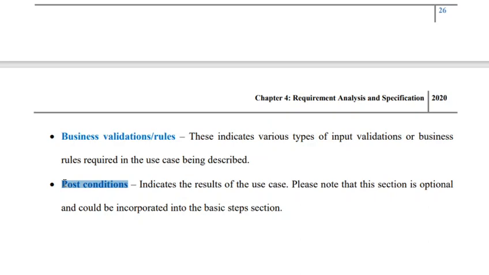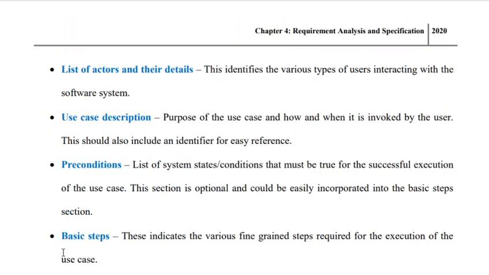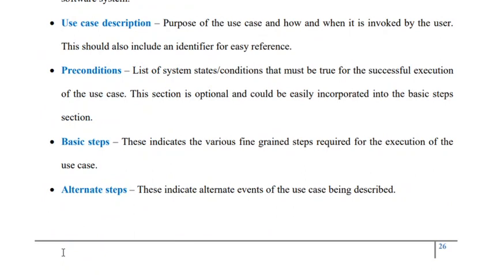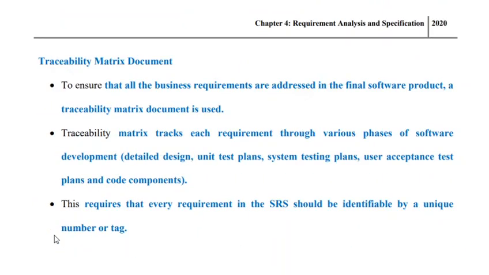So whenever you're trying to express requirements in terms of use cases, which, as I've said, is one way of expressing the requirements, you need to emphasize the following aspects and create a representation for the same. Now, the traceability matrix document. This is very much important.